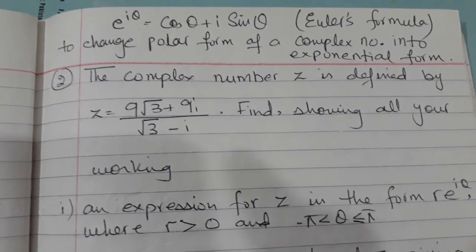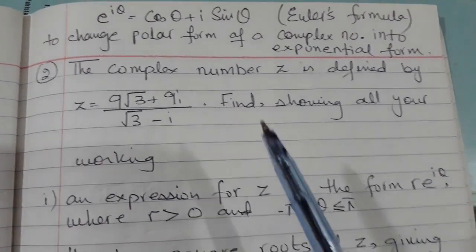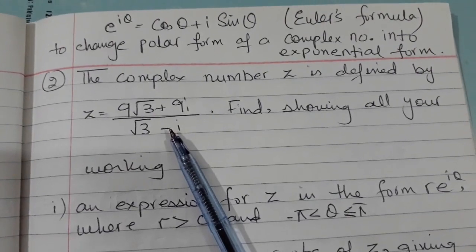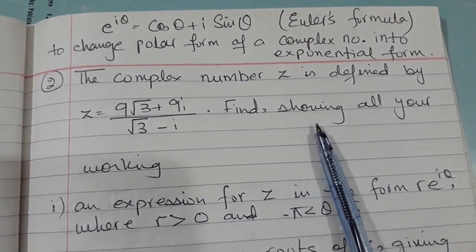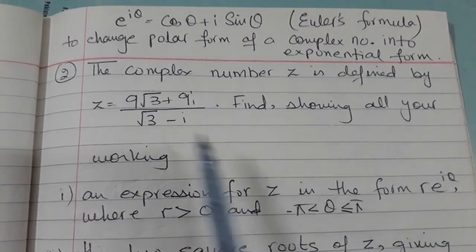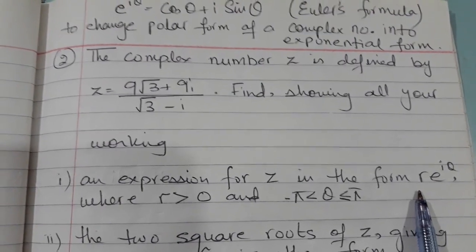Now let's pick up another example, another question from the past paper only. The complex number z is defined by this. Find, showing all your working, an expression for z in this form. So I have to change this complex number into this form.